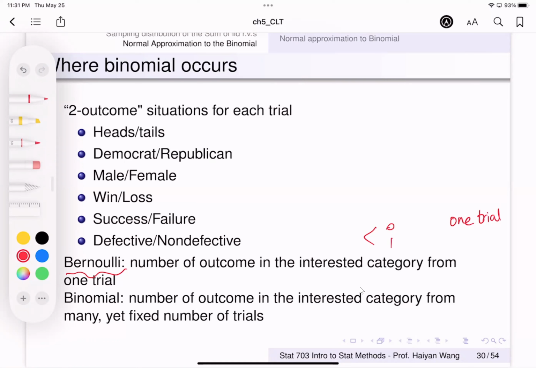Then we have this binomial experiment. So binomial is simply the number of ones in the fixed number of trials.